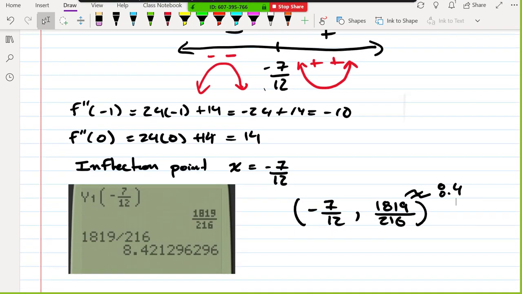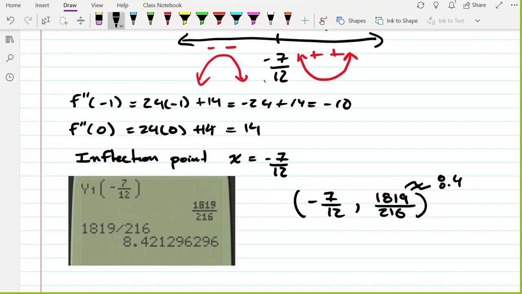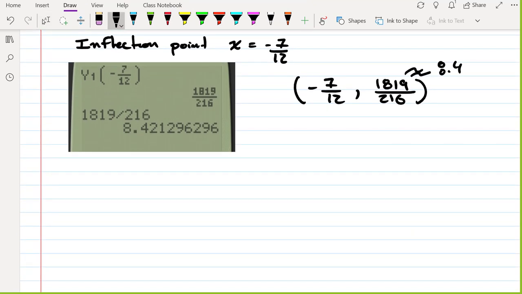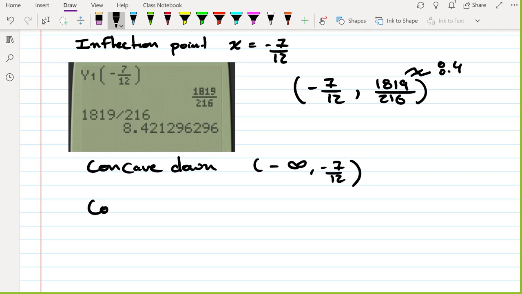So let's see. It was concave down from negative infinity to negative 7 over 12. And then it's going to be concave up from negative 7 over 12 to positive infinity.